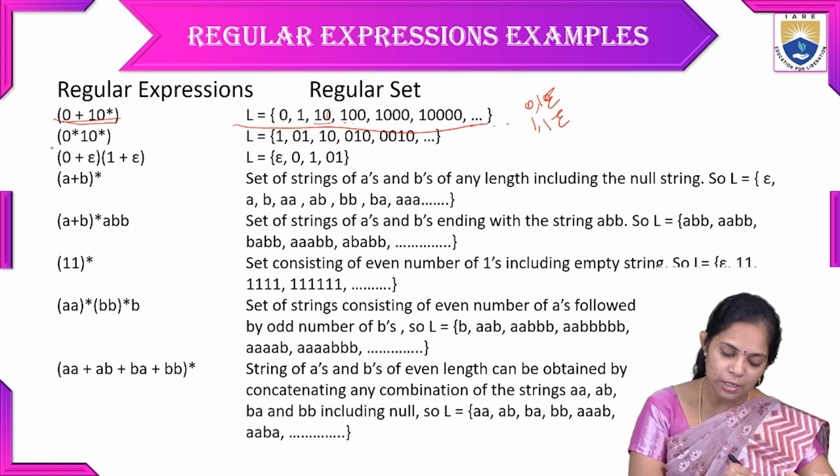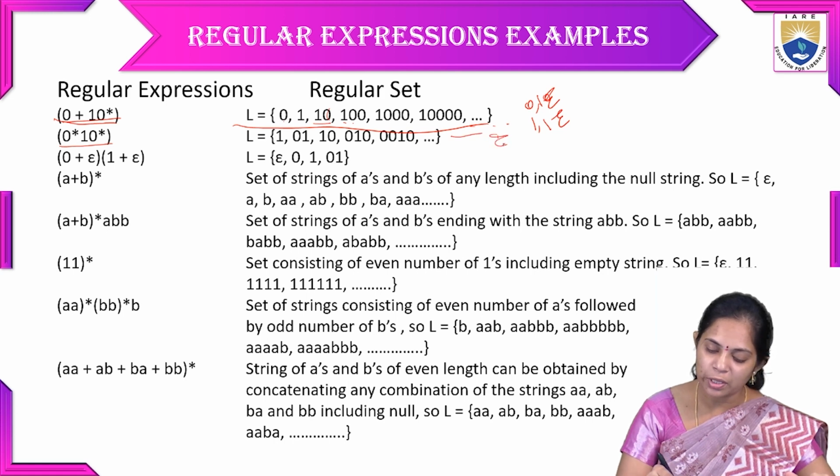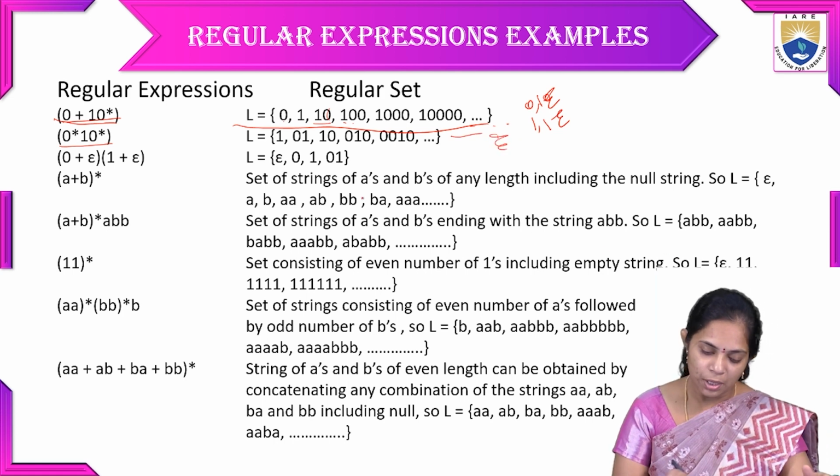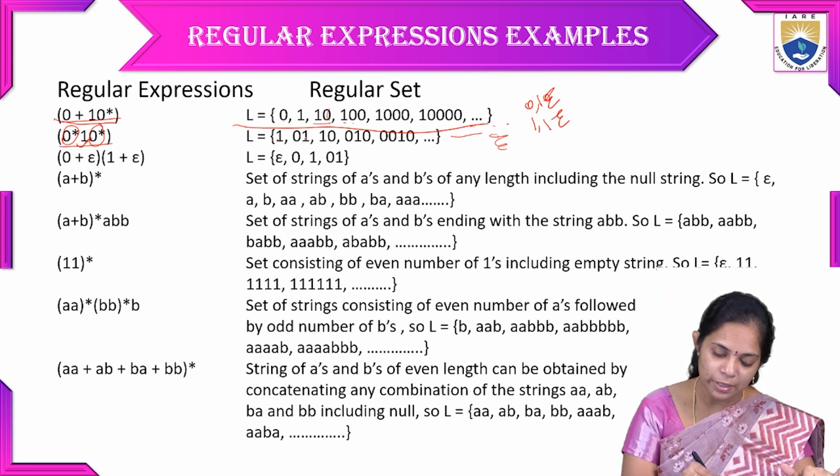Here is another regular expression: 0* 1 0*. Star includes the empty symbol as well. Both zeros have stars. The 1 must be present, and the string starts with 0s and ends with 0s, with the empty symbol also included, which is why we have written only 1.